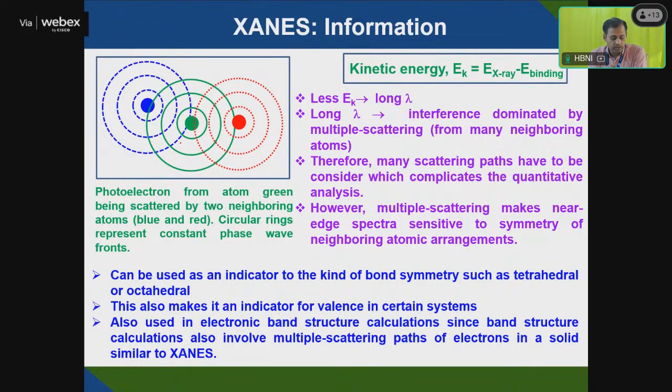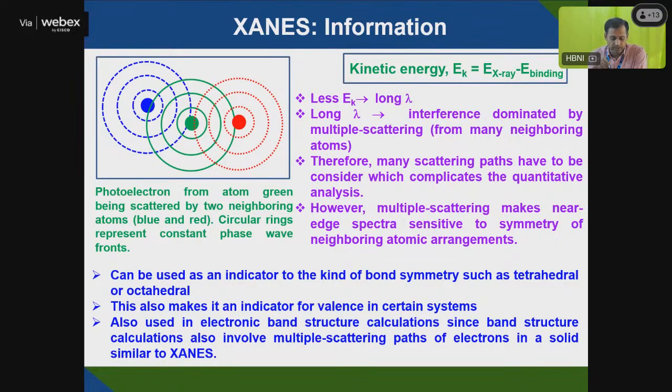As I told you, you can see how the wave vectors are interacting with each other, and if you have long range interference, that is dominated by multiple scattering. This multiple scattering mainly occurs in finite structures.